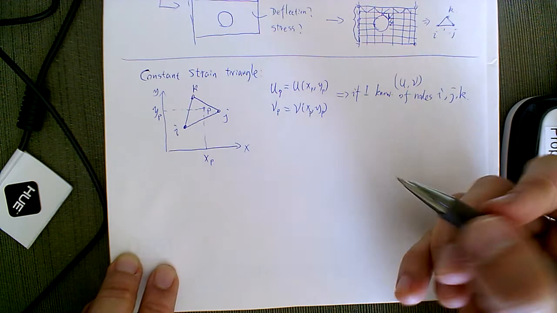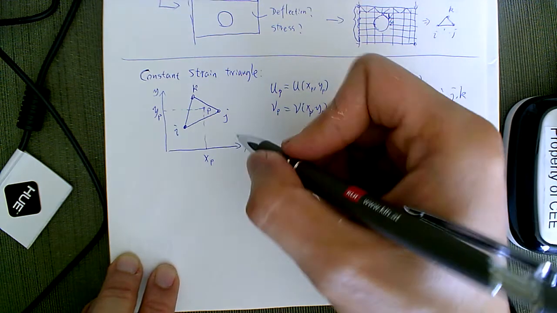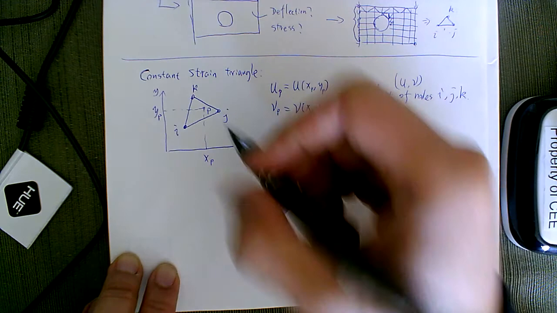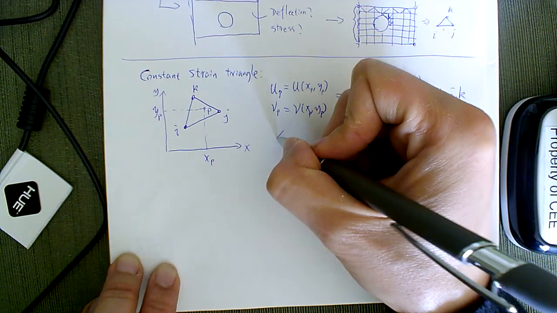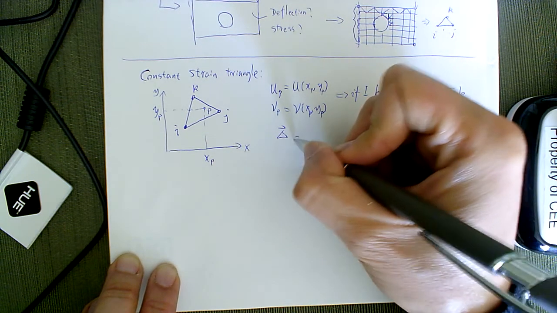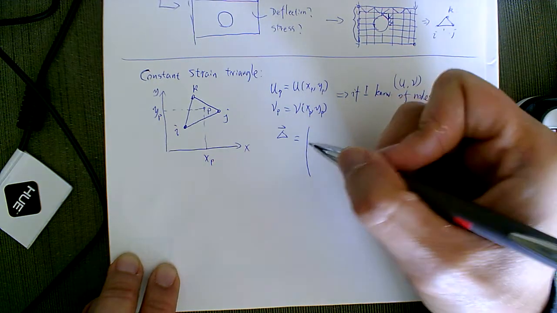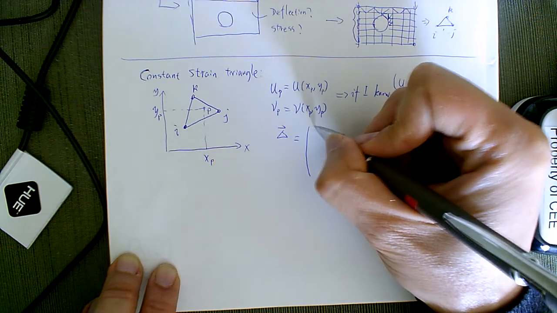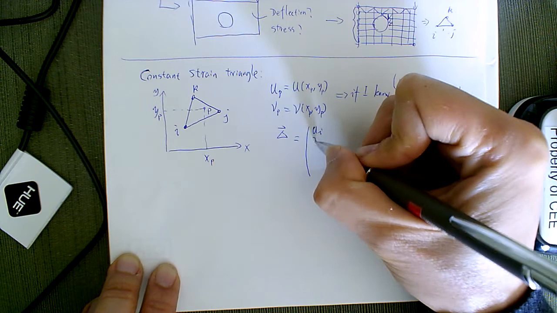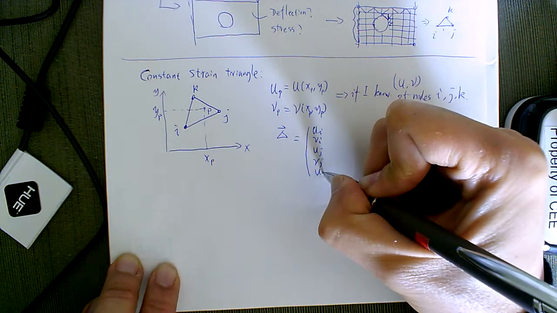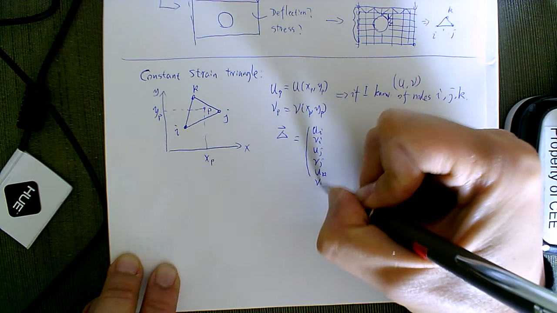While we're doing that, we might as well say, okay, for this element, although we don't know how to do it right now, it is likely the delta vector for this element, when everything is said and done, will be ui, vi, uj, vj, uk, and vk.